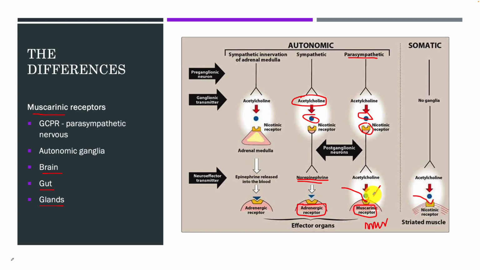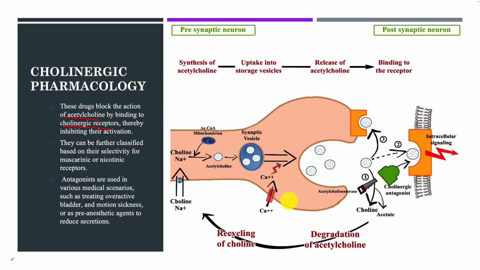So that's where the action is going to be here and here. Well, they could probably also bind here and here, right? Because nicotinic belongs to the cholinergic receptor. So these are the points where we can have the inhibition of certain things.